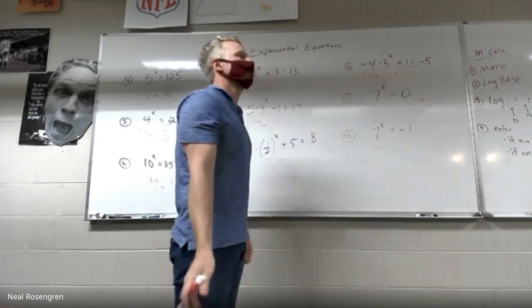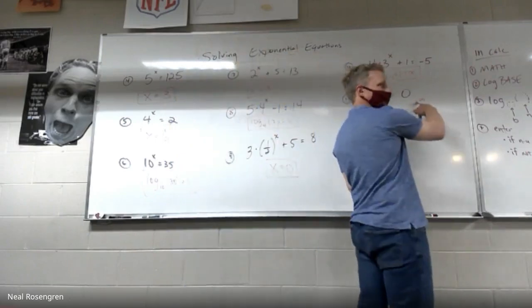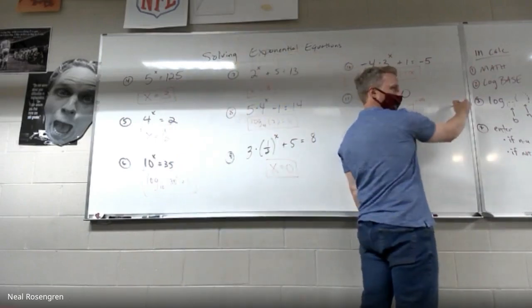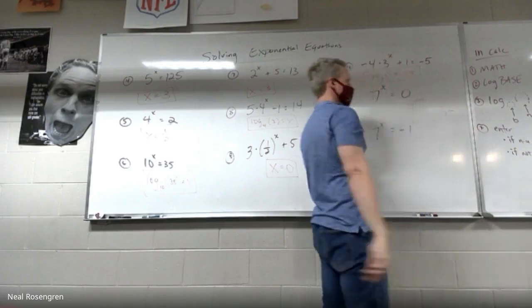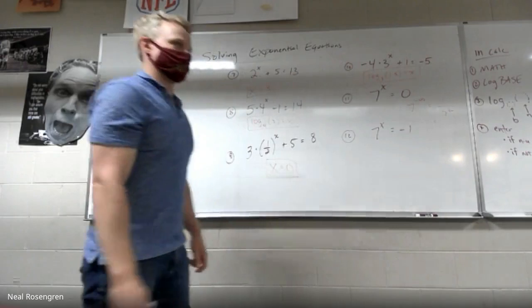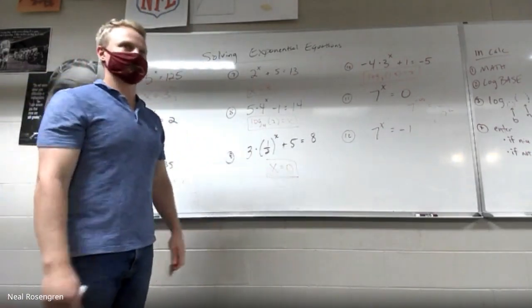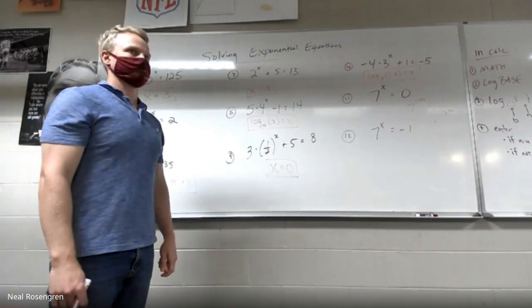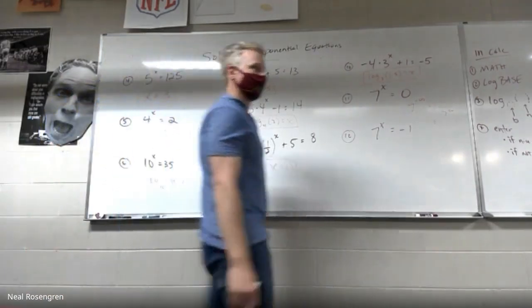Well, let's see why they gave us that. Remember, a negative exponent means 1 over 7 to the infinity. 7 times 7 times 7 times 7, forever. What do you think that's going to be? Really, really big, right?